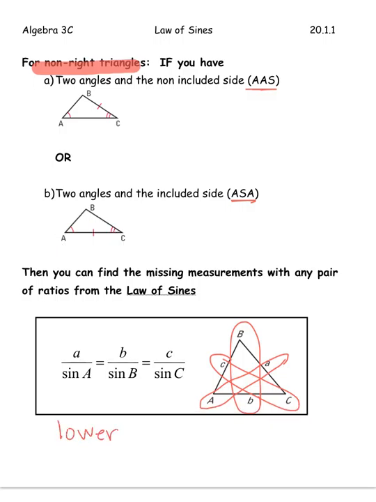Lowercase letters are for sides. And the capital letters are for angles.